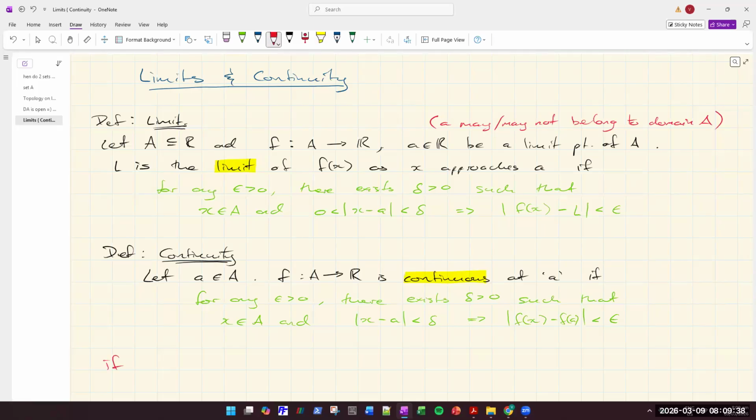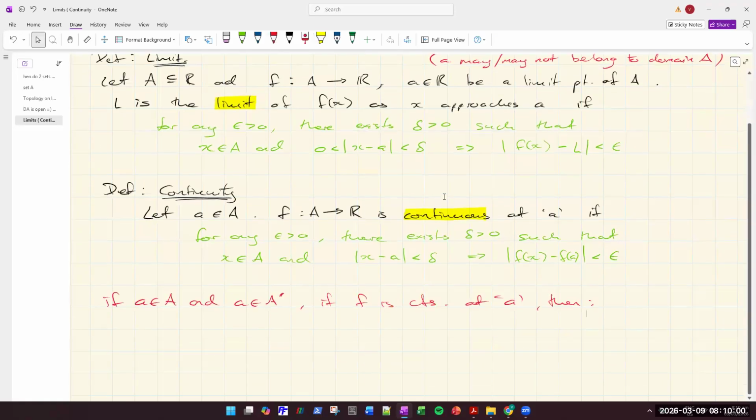Now, if it happens that this point A belongs to the domain and it is also a limit point, and f is continuous at A, then what ends up happening is the limit of f of x as x approaches A exists.